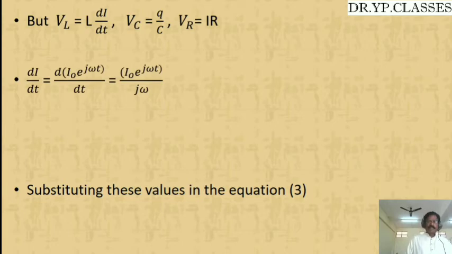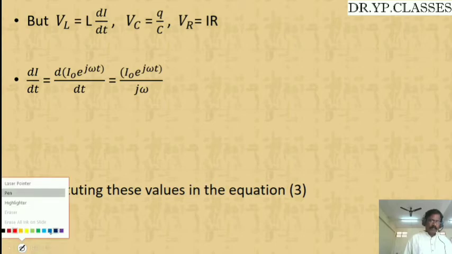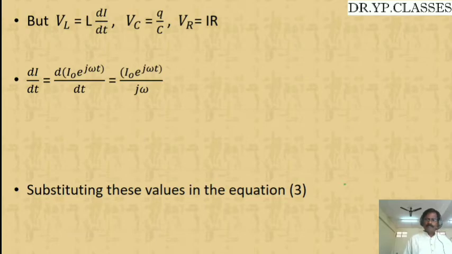di/dt is equal to d/dt of I, where I = I₀e^(jωt).